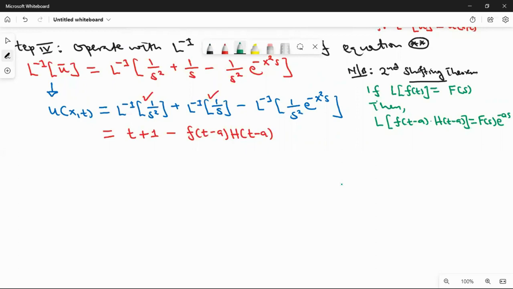That is the second shifting property of Laplace transform.